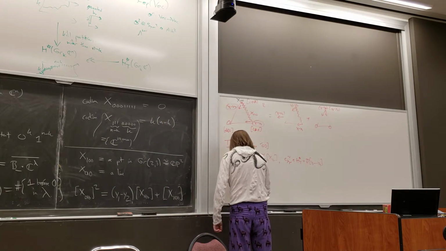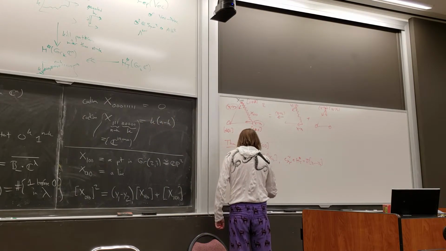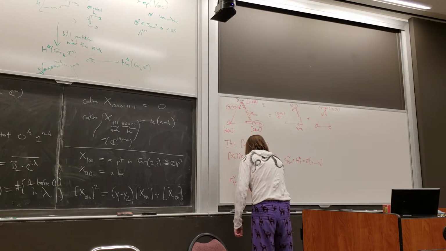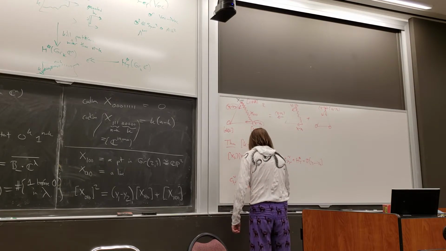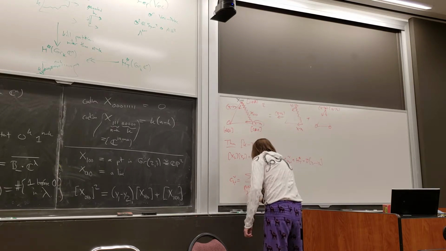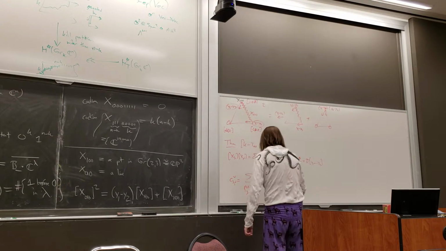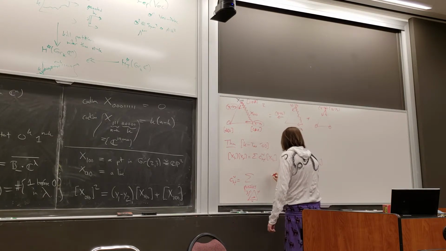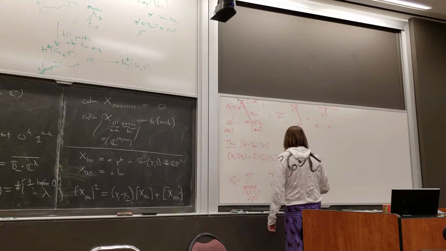Then c lambda mu nu is the sum over puzzles that have lambda here and mu there and nu here. And for each puzzle, I take the product over the equivariant pieces. I'll write these guys down in a moment.